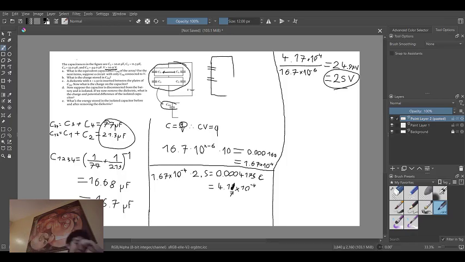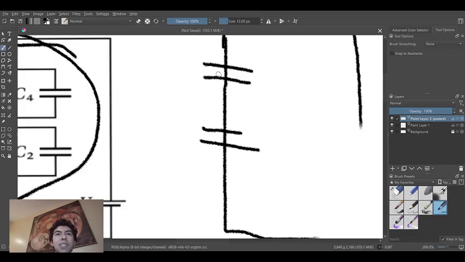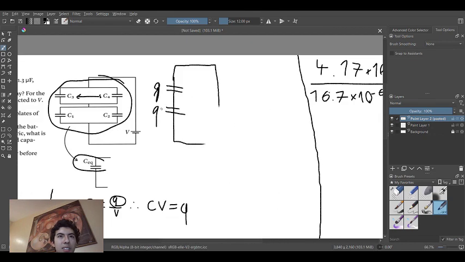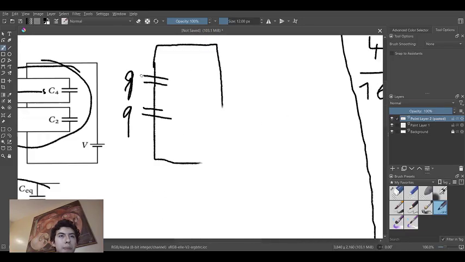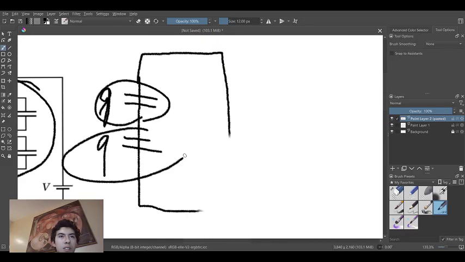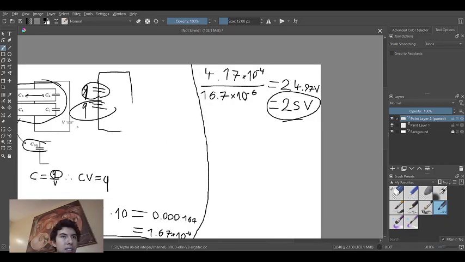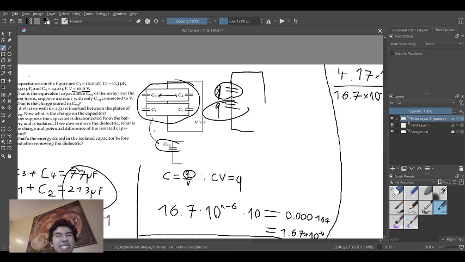Ah, I forgot! For these two, the charge is going to be the same as the rest of the circuit. So the charge in these two stays constant.